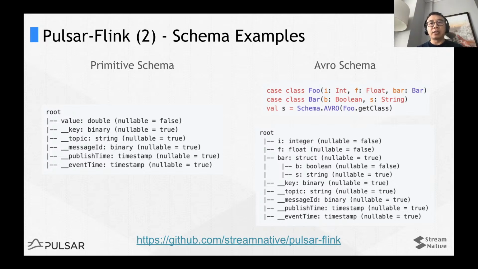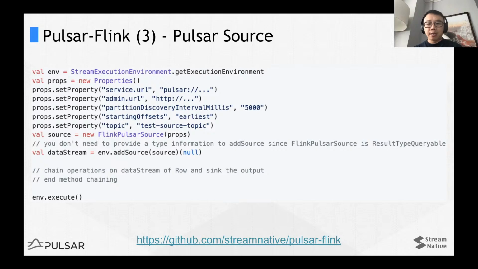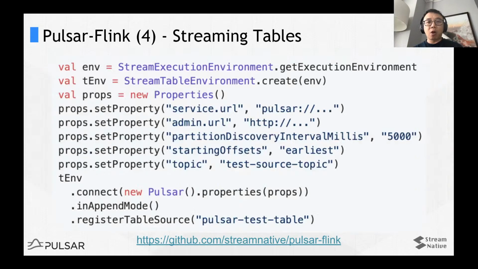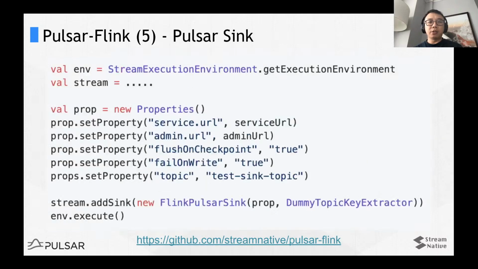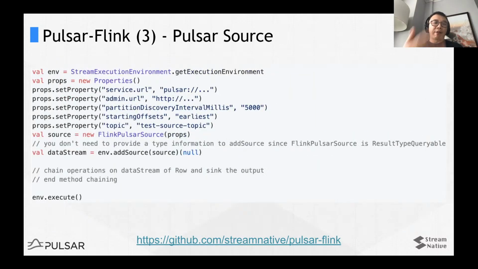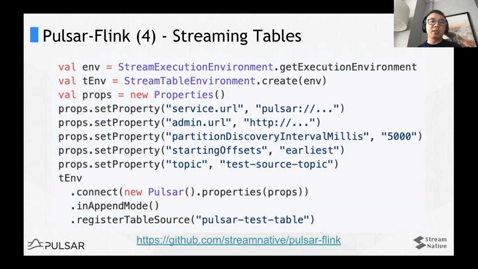At the end of this session, I will show two examples and hope that will give you a more concrete idea how this schema conversion is done in Flink. So this is the core idea. It provides the capability for you to write a source, a streaming table.